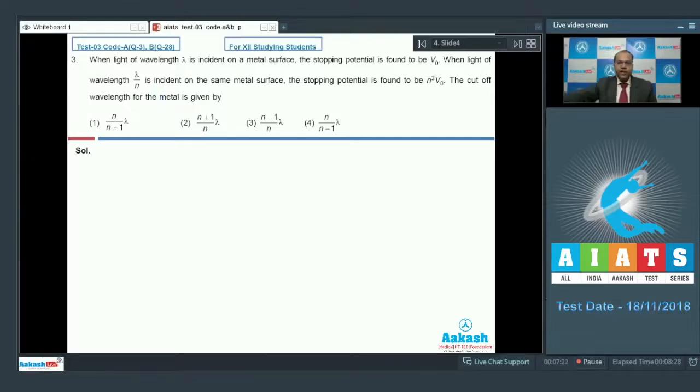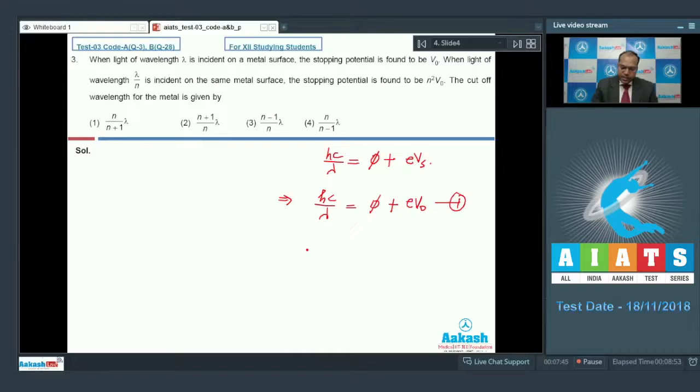If I apply the photoelectric equation, hc by lambda is equal to work function phi plus e into Vs, where Vs is the stopping potential. So if I put the data, hc by lambda is equal to phi plus eV naught. This is my first equation.